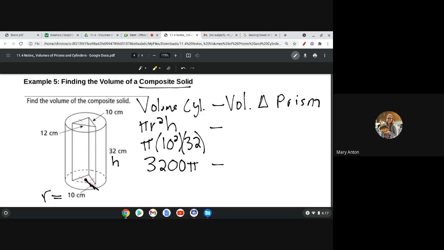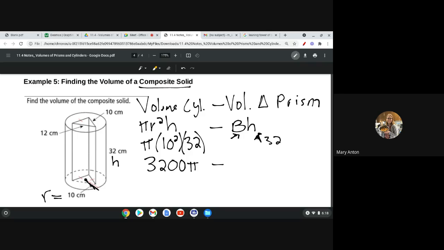Volume of this prism. The volume of a prism is base times height. We need to find the area of our base and multiply that by the height of the triangular prism, which is 32. We already know that. That's 32. That's supposed to be an arrow. Now the base is a triangle.